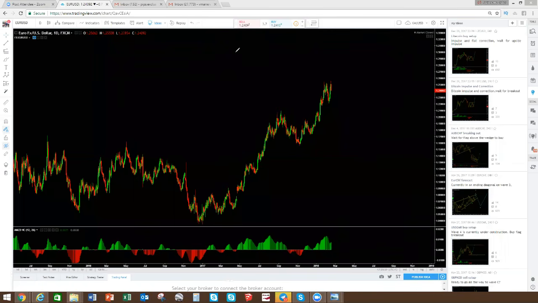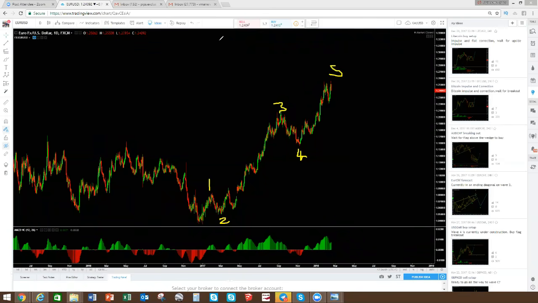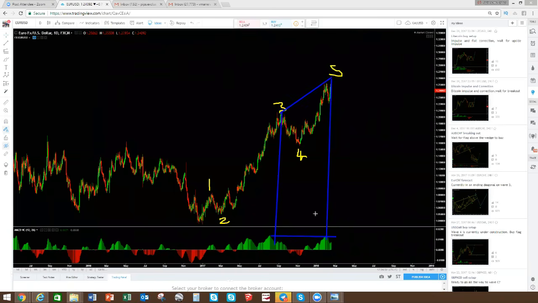I have a problem with it because you are supposed to have divergence between waves 3 and 5. This is your wave 5. Do you have any divergence there? See, you don't have any divergence. No divergence whatsoever. Wave 3 to 5, higher high, indicator not doing anything.